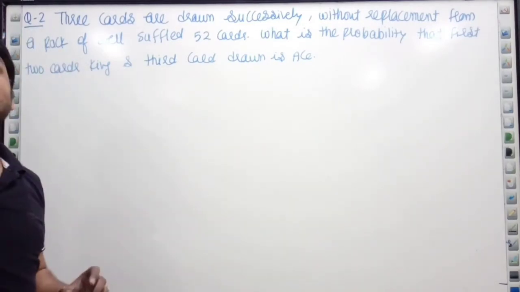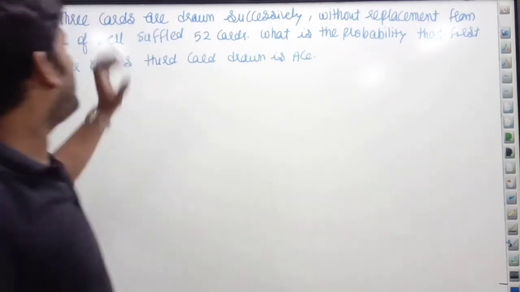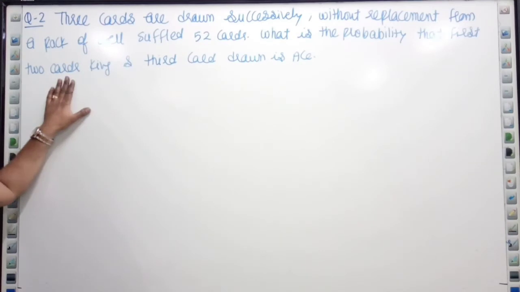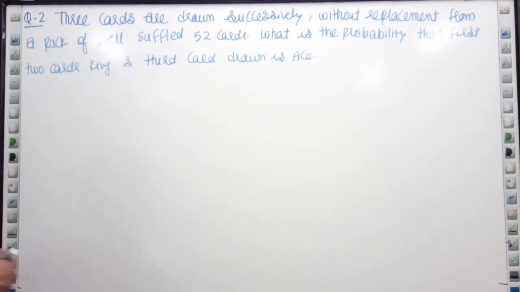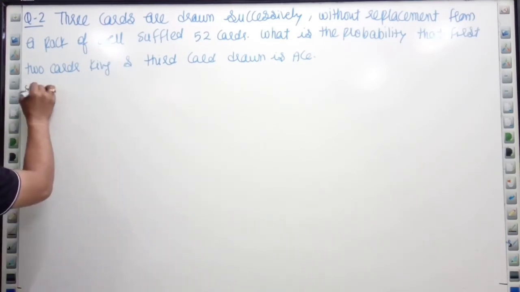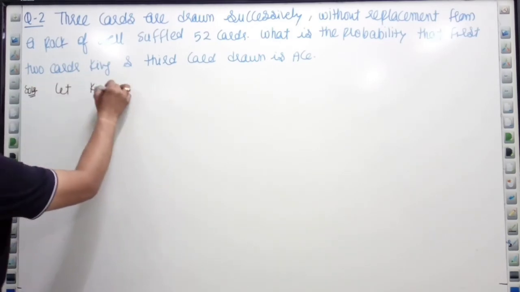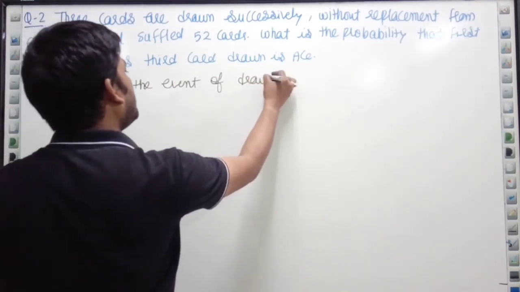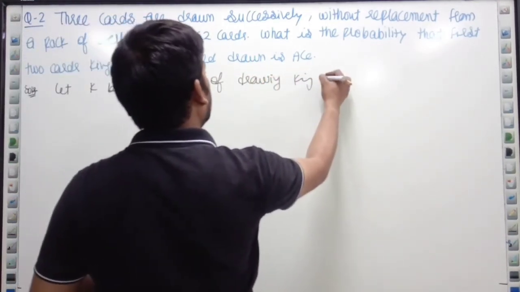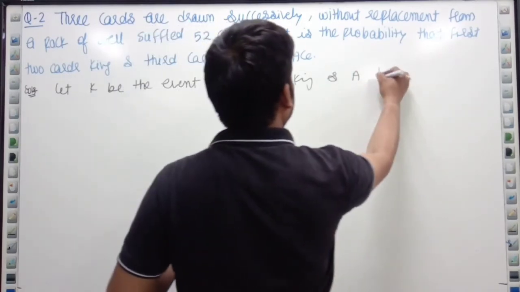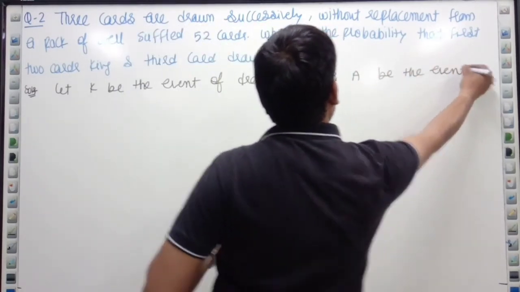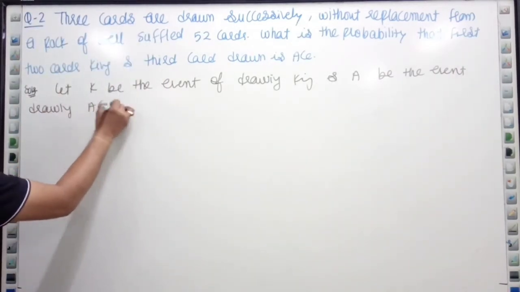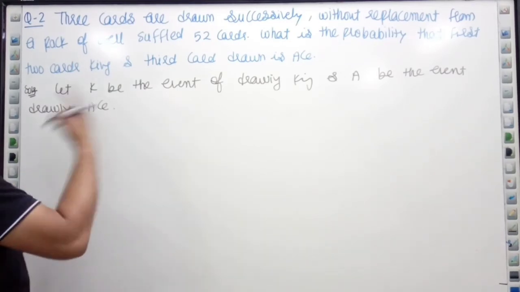3 cards are drawn successively without replacement from a well shuffled pack of 52 cards. What is the probability that the first 2 cards are kings and the third drawn card is an ace? So we can say let K be the event of drawing a king and A be the event of drawing an ace.